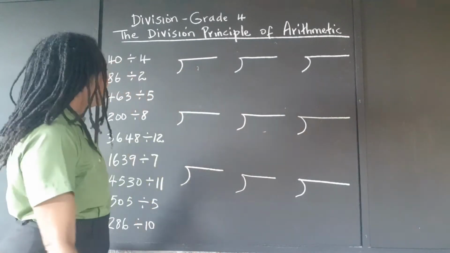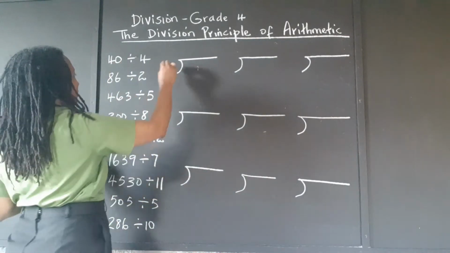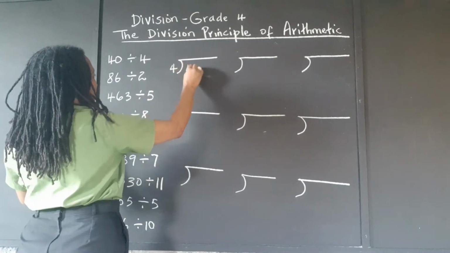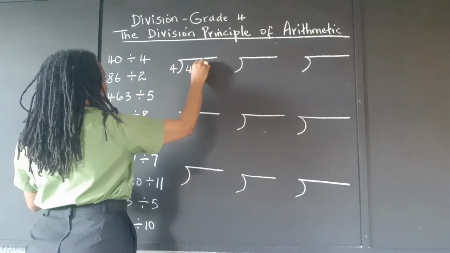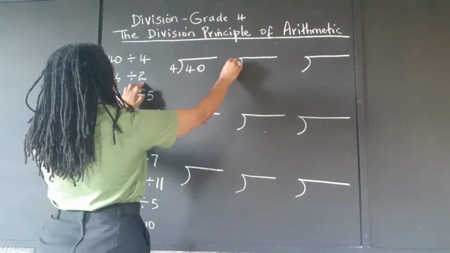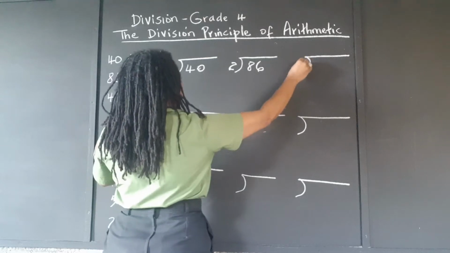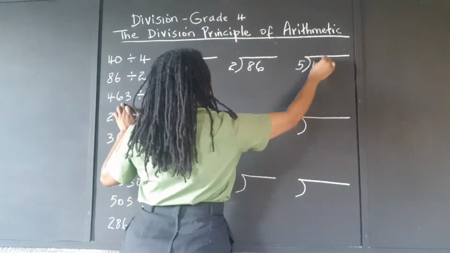Alright, so let's just fill them in. The divisor goes here, the dividend goes under the brackets. Okay? So divisor, dividend, divisor, dividend, and so on.